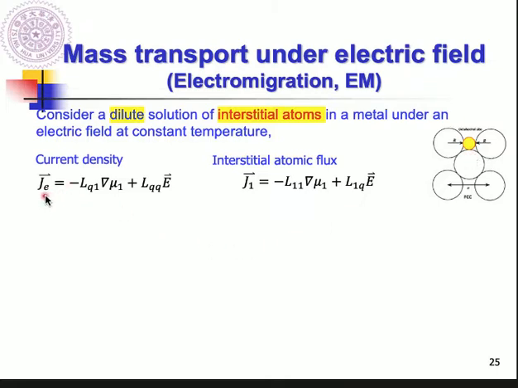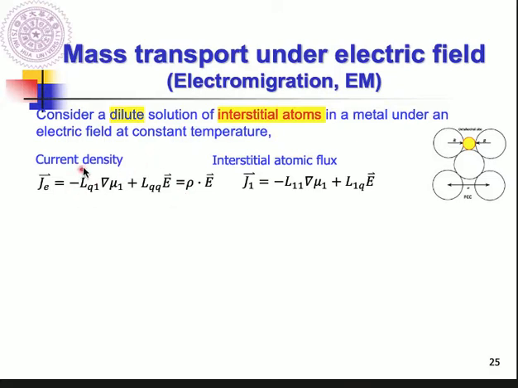The current density is directly driven by the electrical field times the direct coefficient, and a possible driving force is the chemical potential gradient, with a minus sign, times the coupling term. The atomic flux is directly driven by minus the chemical potential gradient times the direct coefficient, plus it is also affected by an indirect driving force, the electrical field times the coupling coefficient. And the current density part always obeys Ohm's law.